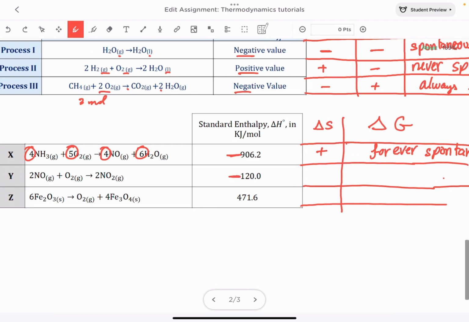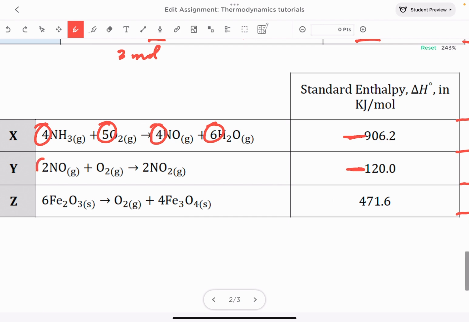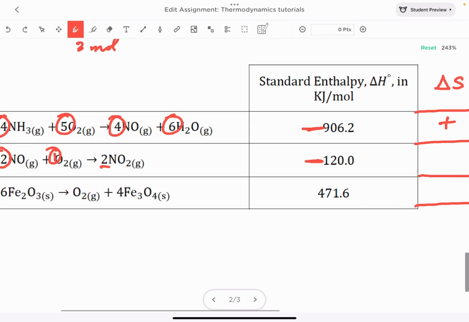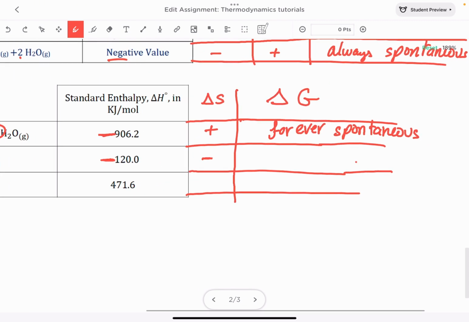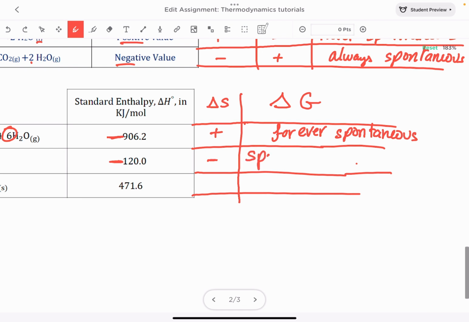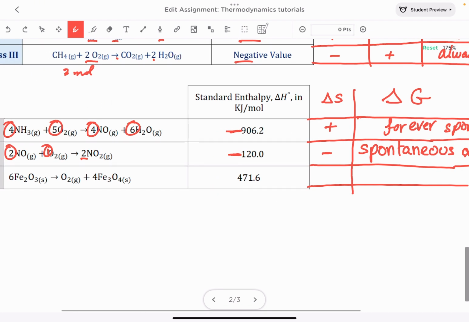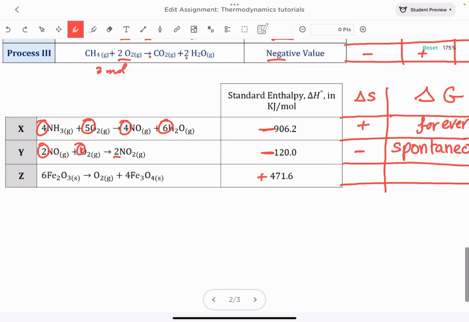Now let's look at this example. Again, it's exothermic. However, I have 3 moles turning into 2. It means that the entropy is decreasing. So this process is spontaneous. They have same signs. Spontaneous only at low temperatures. Now let's look at this one. The enthalpy is positive, endothermic, but the entropy, I have 6 solid, and now I have gas and solid.